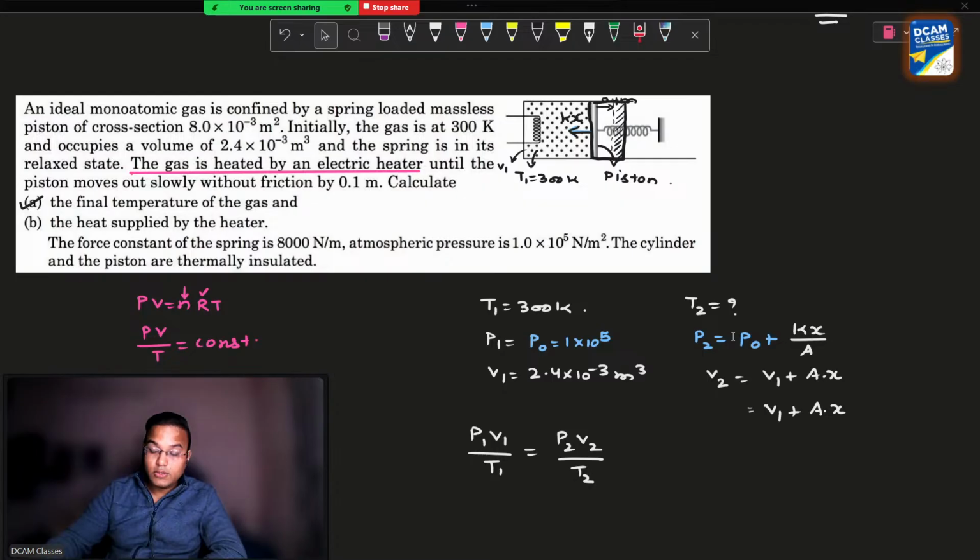What happened? Are you able to solve, or should I let me solve it? You're taking too much time.